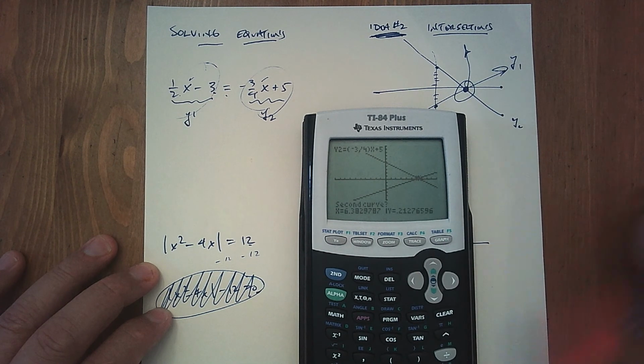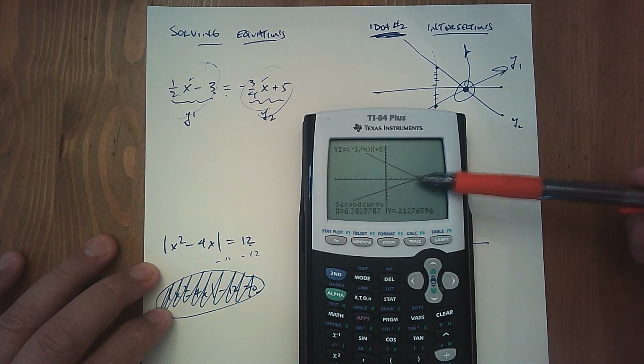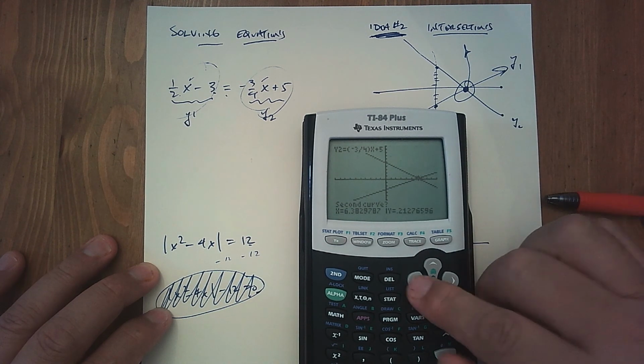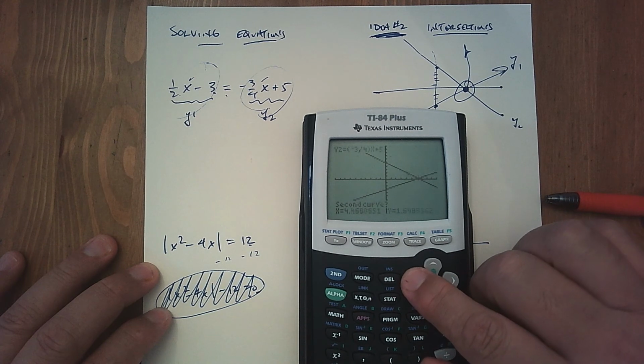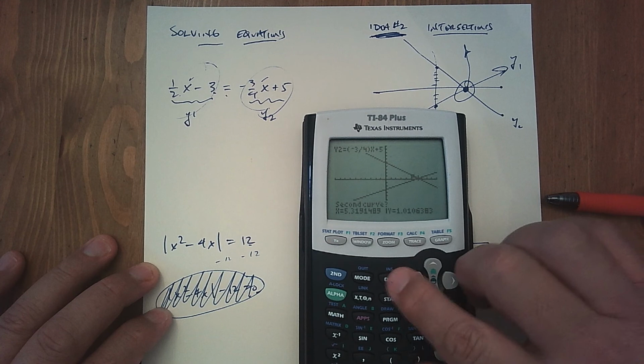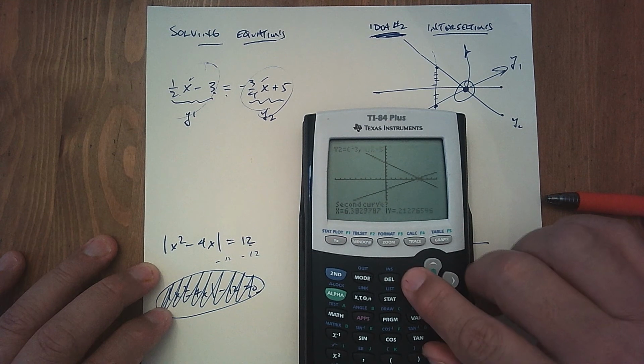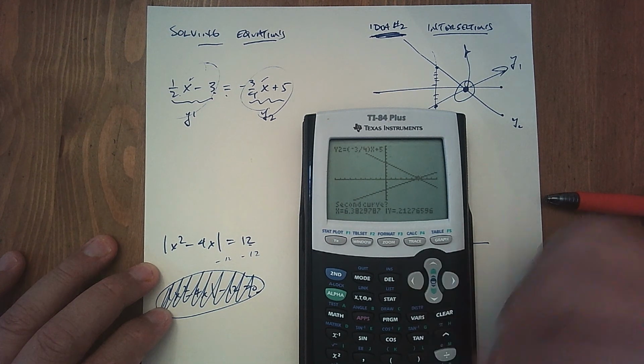Now, when you press enter, the cursor actually jumps from the first curve to the second curve. So notice if I start moving left to right, I'm now tracing right along that second curve. But it's basically asking the same thing. So along that second curve, what do you estimate the intersection to be? So it looks about right there.